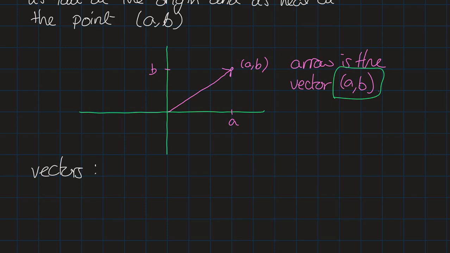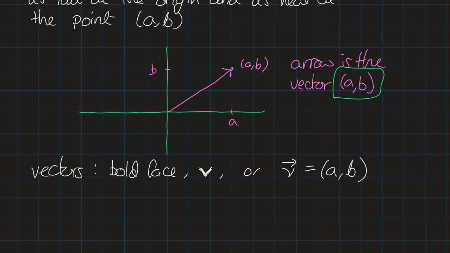We tend to use either boldface, so for example like this, or you use this sort of notation. So if I'm talking about a variable vector, a generic vector, I'll probably use this notation here, like V with an arrow on top is equal to AB. It's just the convention that you do.